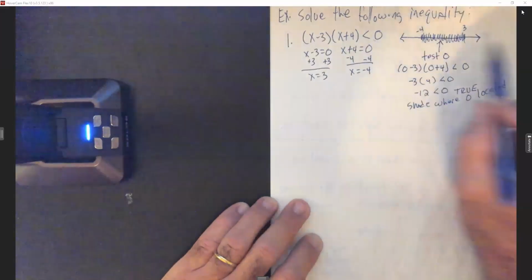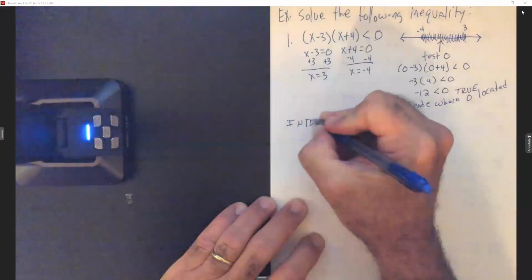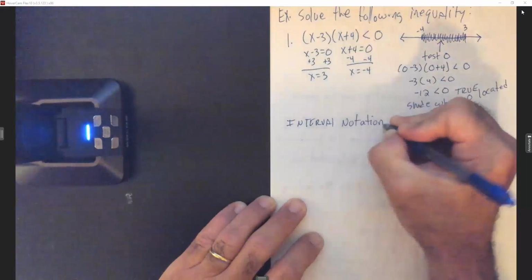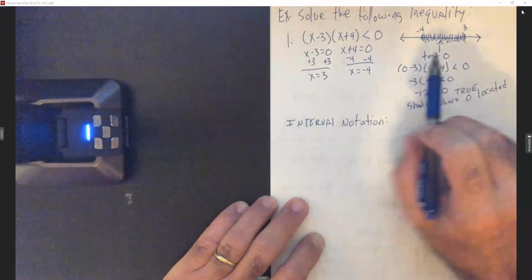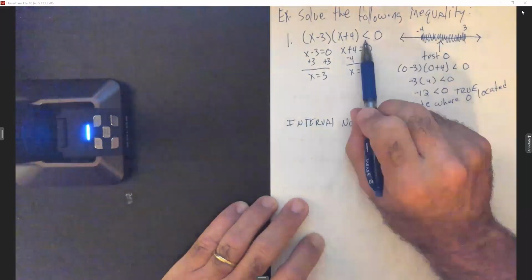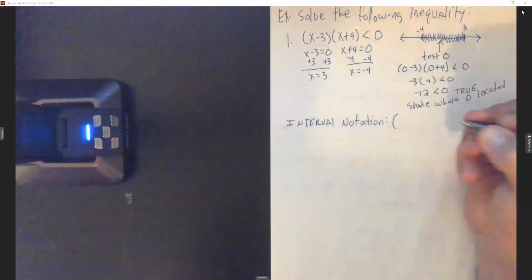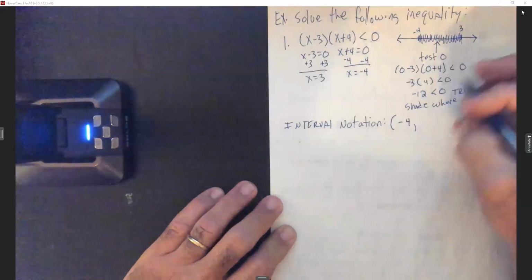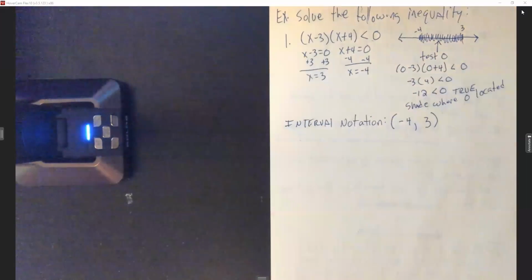So the interval notation, now notice, there's not an equals under this. So that means I'm going to use curvy parentheses. And the interval notation goes from that negative 4, and it's shaded all the way up to that 3, and curvy parentheses.